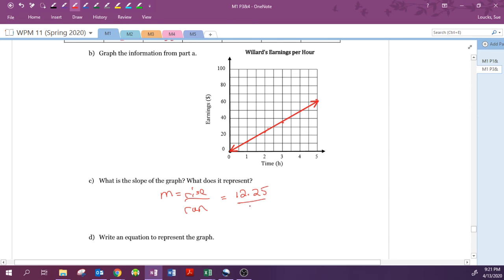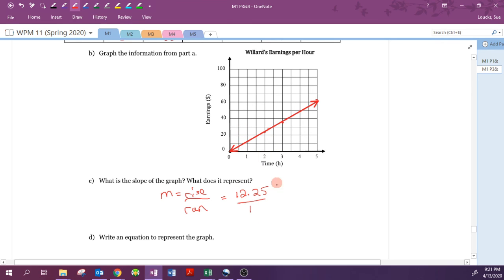Notice that I'm not counting grids anymore, okay? On all of the graphs we've looked at prior to this, each grid was one jump, one number, one increment. Here, each grid is 10 on this side, and it's 1/2 on the time axis. So you have to pay attention to that now.